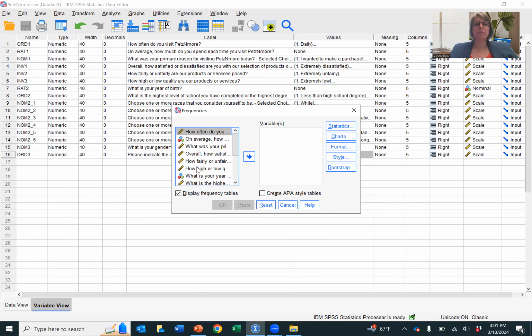Now, notice that these are your survey questions. You want to identify what survey questions are ordinal and put them in this variable box. I personally have a hard time reading these questions. For me, it's always easier to display the variable names. So in order to do that, you're going to right-click.